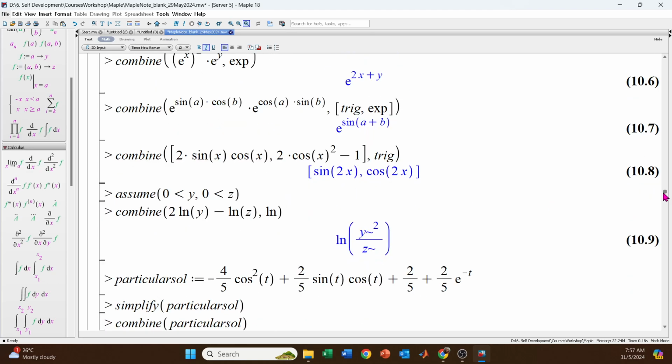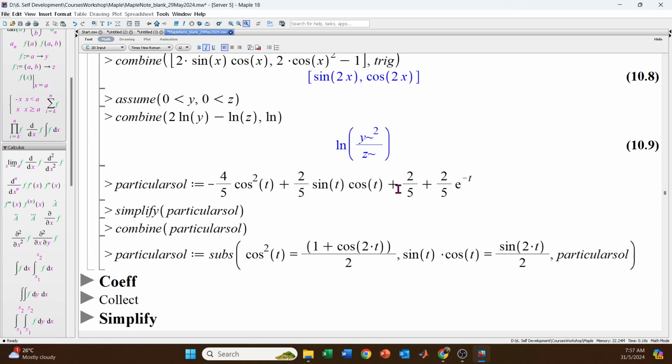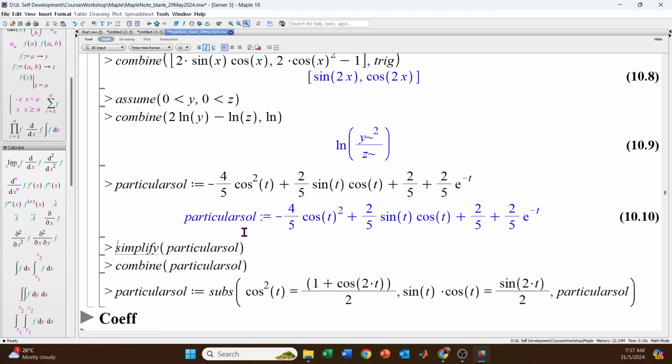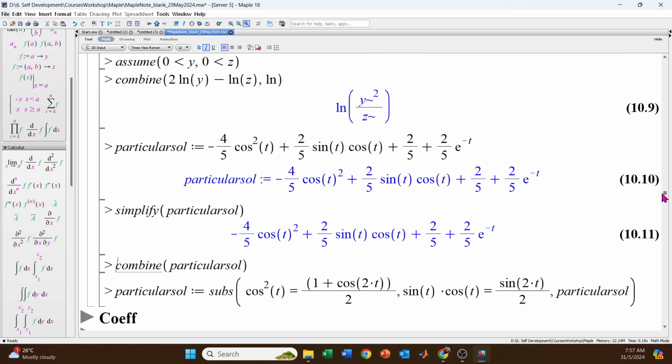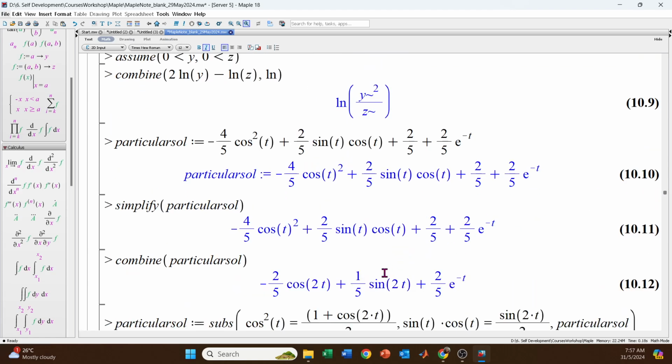Okay, so this particular solution, let's say, is here. If I simplify, you see, it won't simplify. But if I use combine, the cos squared t plus the term sin t cos t becomes sin 2t.